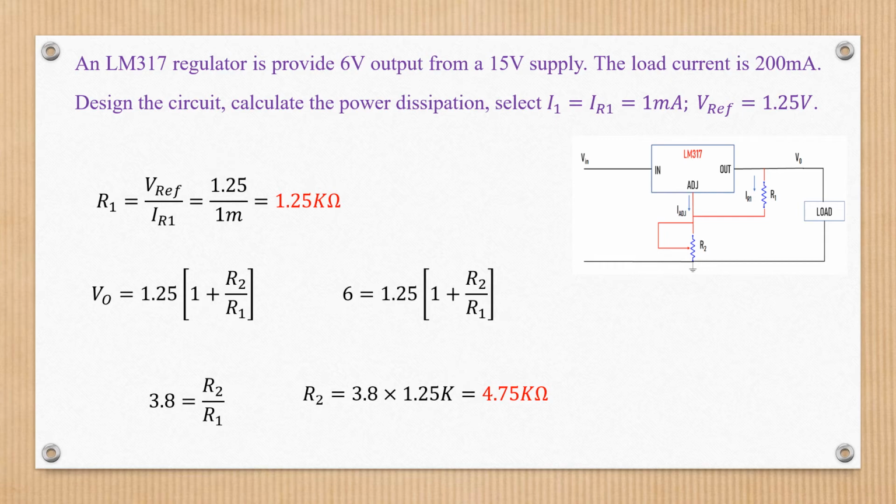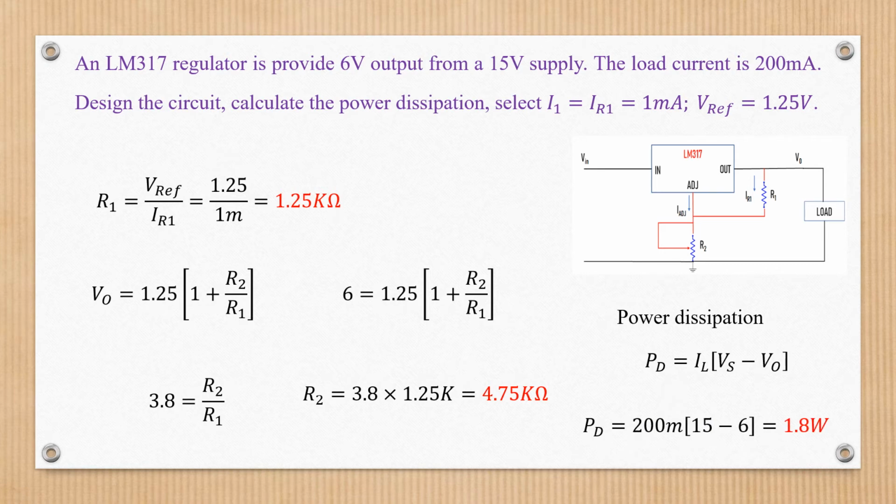The next, second part of this particular problem is to find the power dissipation. The power dissipation is given as PD will be equal to IL into Vs minus V0. Here Vs is nothing but the input voltage. IL is given as 200 milliamps, Vs is Vin which is equal to 15 volts, and V0 is 6 volts.